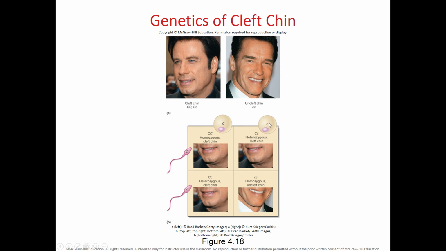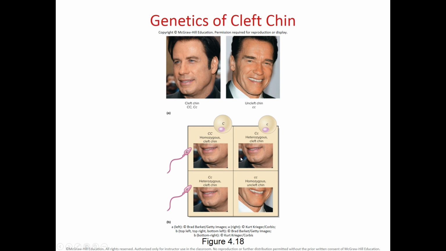And what about when you have the recessive trait of cleft chin coming from the egg and coming from the sperm, like in this case? You will have homozygous recessive for uncleft chin. So what are the chances, with this set of combinations, for someone to have cleft chin? 3 out of 4 or 75%.